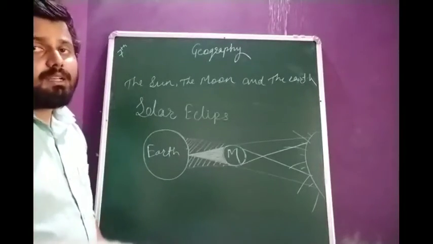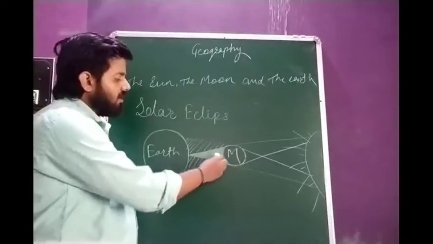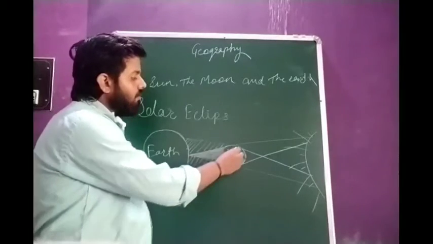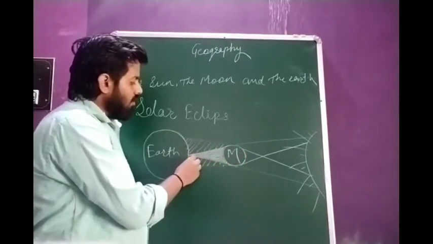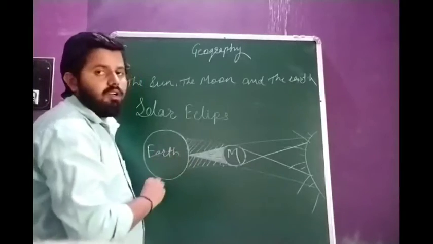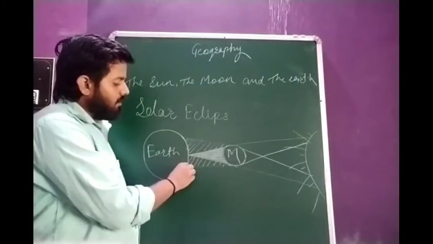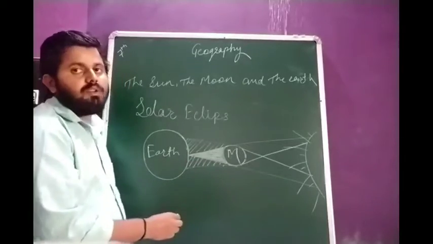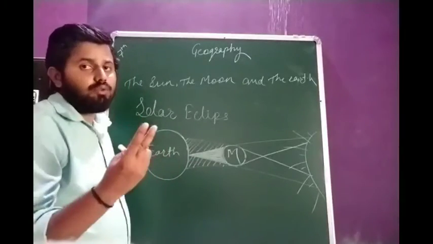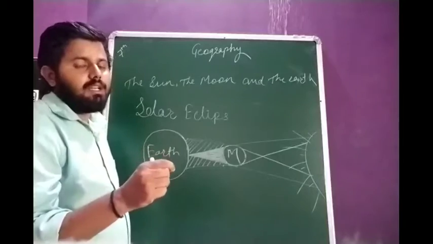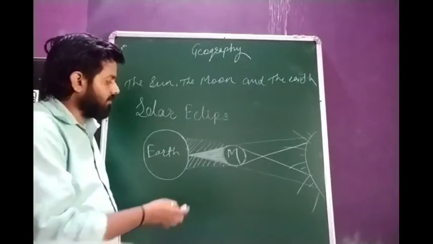So how does the solar eclipse occur? When the moon comes in between earth and sun, the shadow of the moon falls on the earth, and in that place they are experiencing the solar eclipse. Solar eclipse again has two types, total solar eclipse and partial solar eclipse.